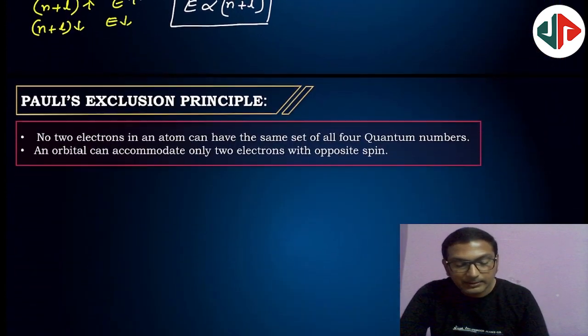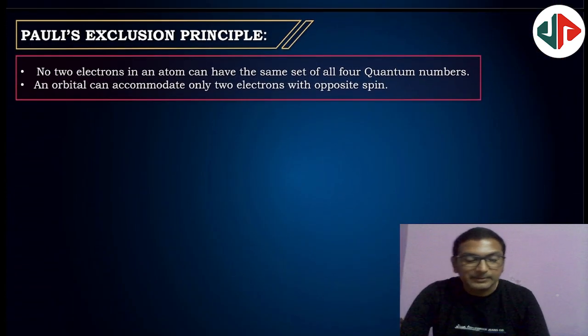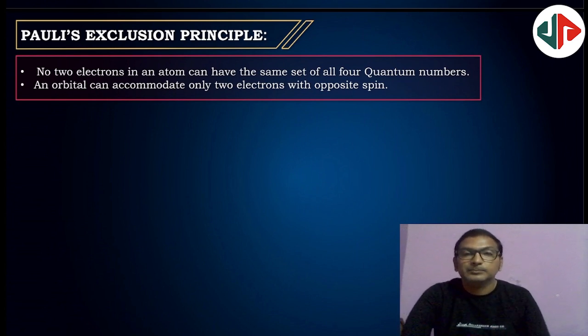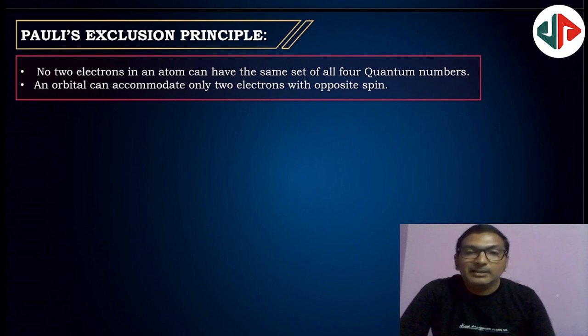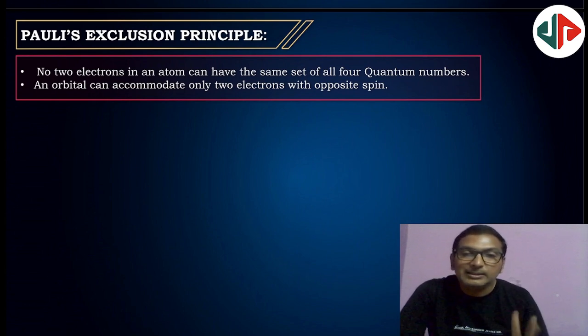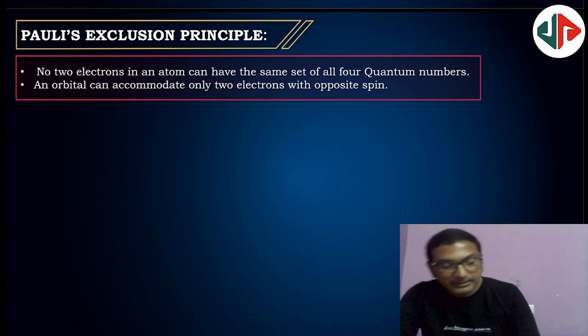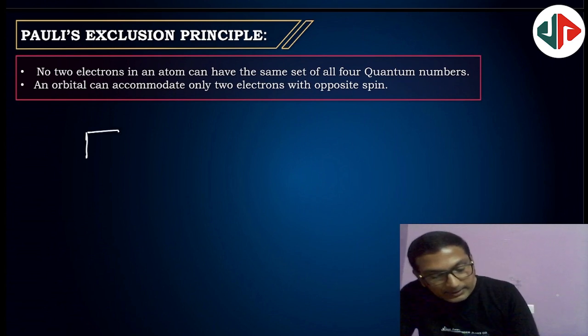Okay, next one. Pauli's exclusion principle. So statement is no two electrons in an atom can have the same set of all the four quantum numbers. What is the meaning of that statement? See, second one. An atomic orbital can accommodate maximum of two electrons with opposite spins. Any orbital should contain maximum of two electrons with opposite spins. That is the meaning. Okay, this is the orbital.